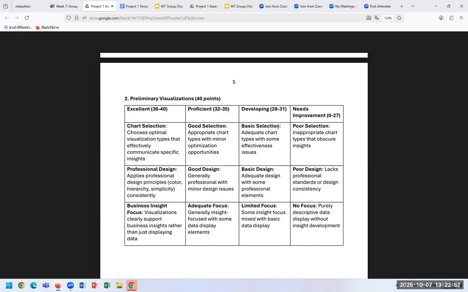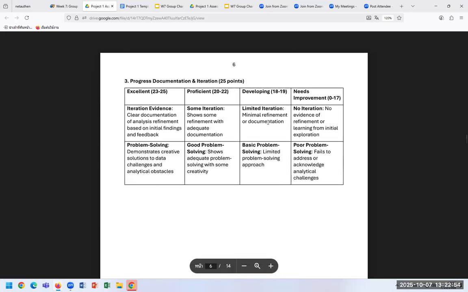Next, please. It's about the progress documents and iterations, which means that when you work with the data, when you work with AI, you capture the screen, you write notes so that people can follow, or people know what you did to the data, and how you came up with the idea.